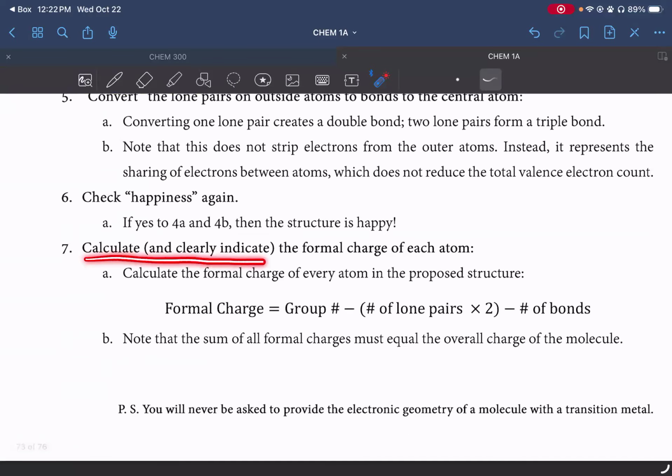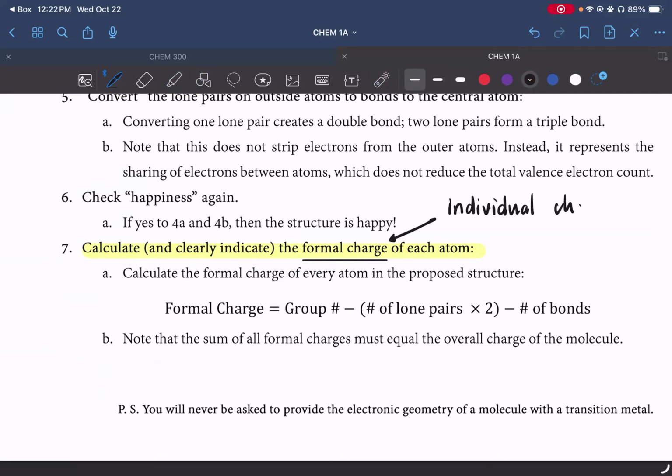Finally, we're going to go to step 7, which is to calculate and clearly indicate the formal charge of each atom. This is a brand new term, formal charge. The formal charge of an atom is its individual charge within a molecule.